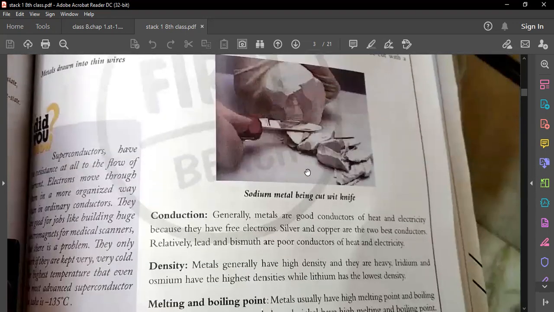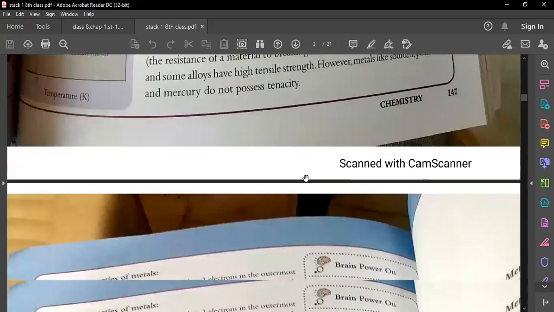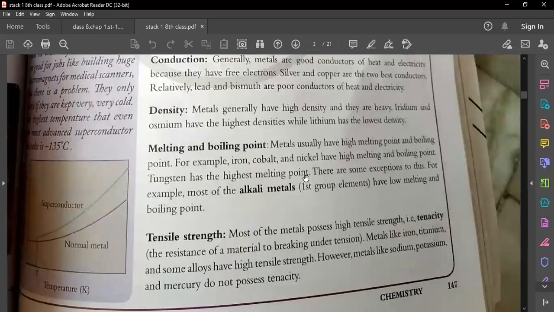Apart from this, what are the other properties of metals and non-metals? Solubility. Whether metal will be soluble?